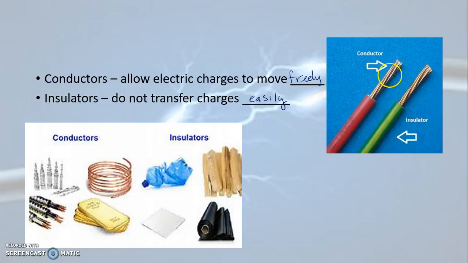The metal here would be the conductor, and then the rubber casing would be the insulator, and the insulator is put there to direct the flow, because we don't want that electric charge to be flowing out. We want it to go from whatever it's plugged into to whatever it's plugged into on the other side.